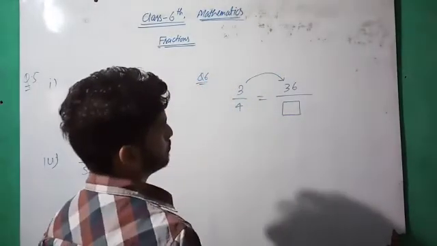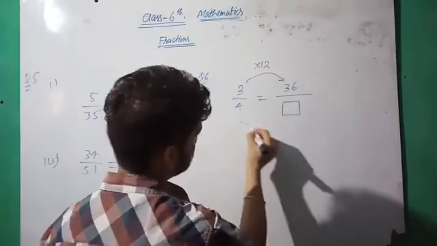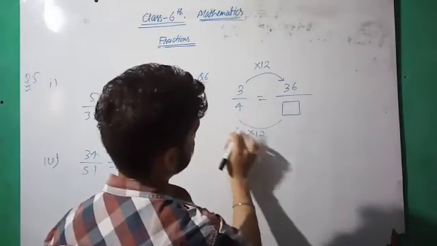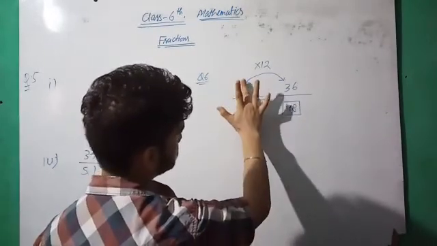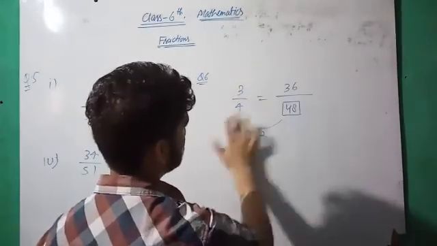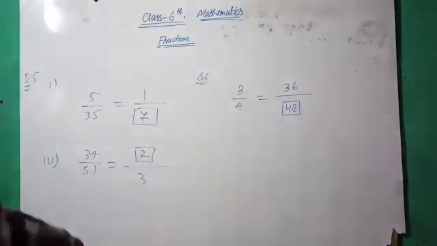We have to multiply here by 12, so the same number we have to multiply here. So 12 into 4 is 48. Now I think this is very simple. You just have to multiply with the same number for finding the missing number.